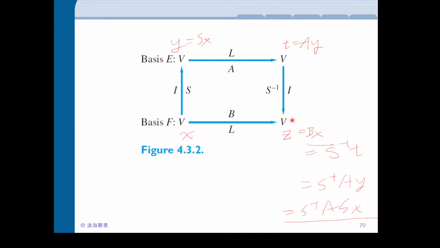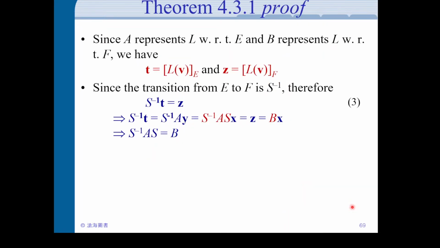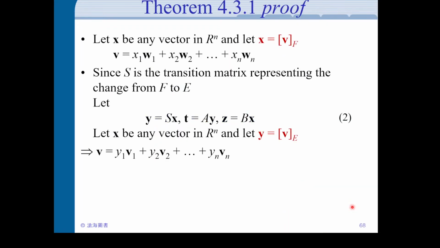And then you map to here, and this z should be S minus 1 on t. So this is S minus 1 A on y, and S minus 1 A S x. Okay. And then we can try to read through this more algebraic proof here.